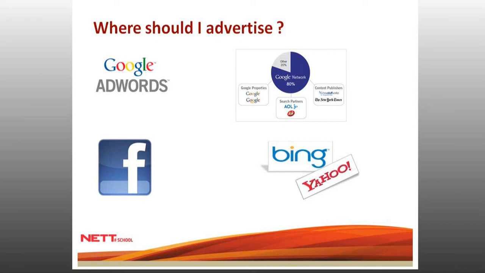Apart from that, you can also look at Facebook as another option. The biggest advantage with Facebook is that you can target your customers based on age group and their likes and dislikes. So depending upon the products and services that you offer, you should look at spending your marketing budget across these different platforms.